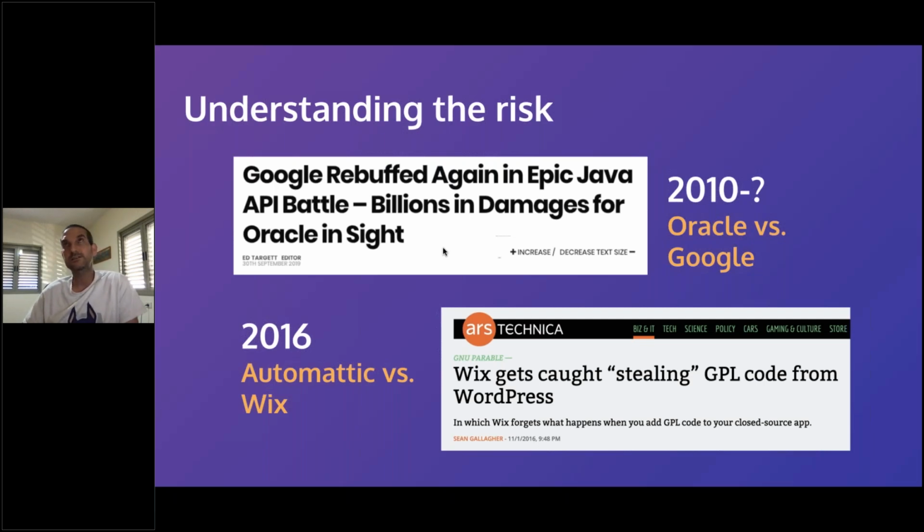And what happened was that in 2016, the founder and CEO of Automattic, Matt Mullenweg, took a look at the code in a mobile app just released by Wix. Wix and Automattic are competitors of sorts. And he found out that some of the code powering this mobile app is indeed WordPress code licensed under GPL.